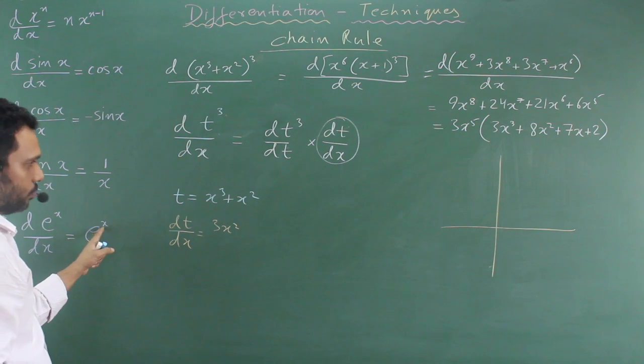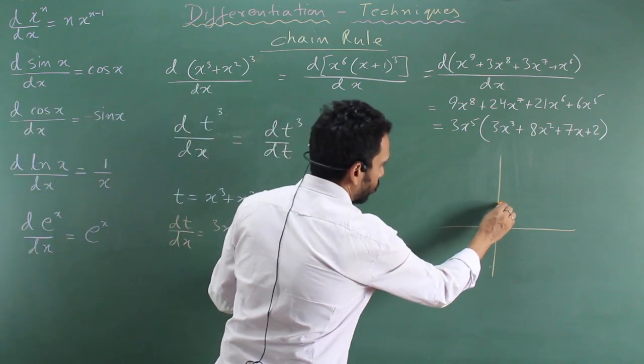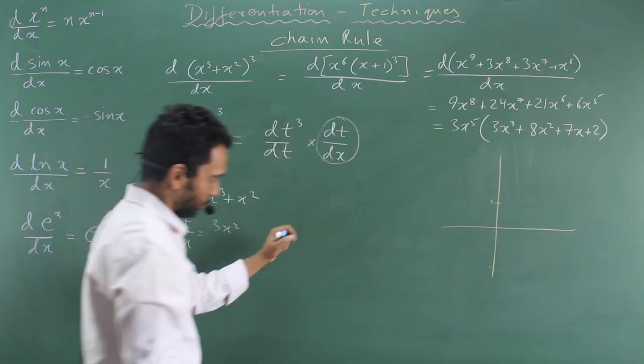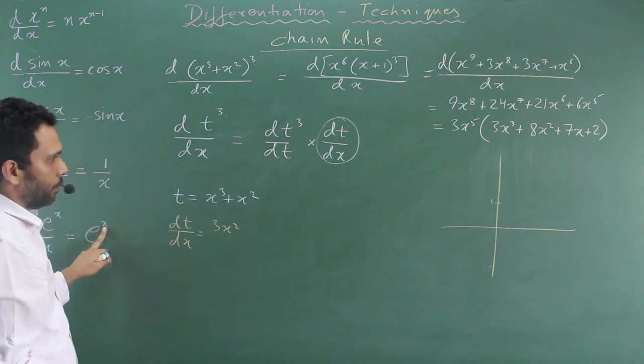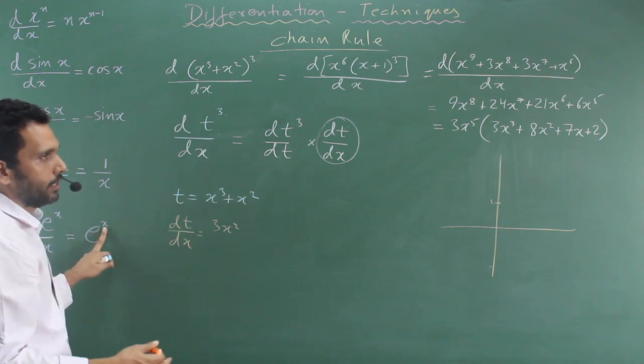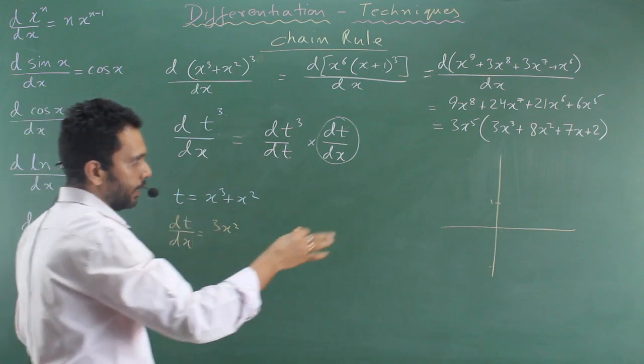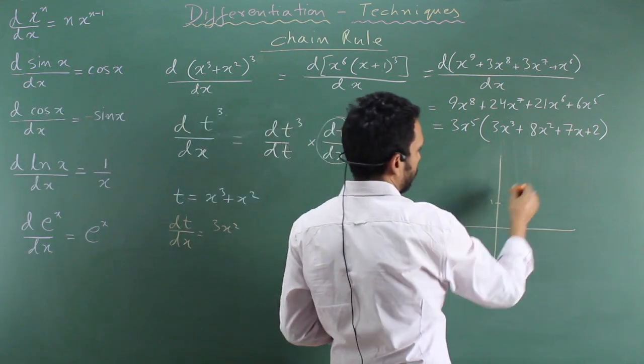How does the graph look? e power 0. If you put x as 0, e power 0 is how much? 1. If I put x as 2, e power 2 is how much? e is around 2.7, so you'll square that and it will be a big number. It doesn't go down, it goes up.